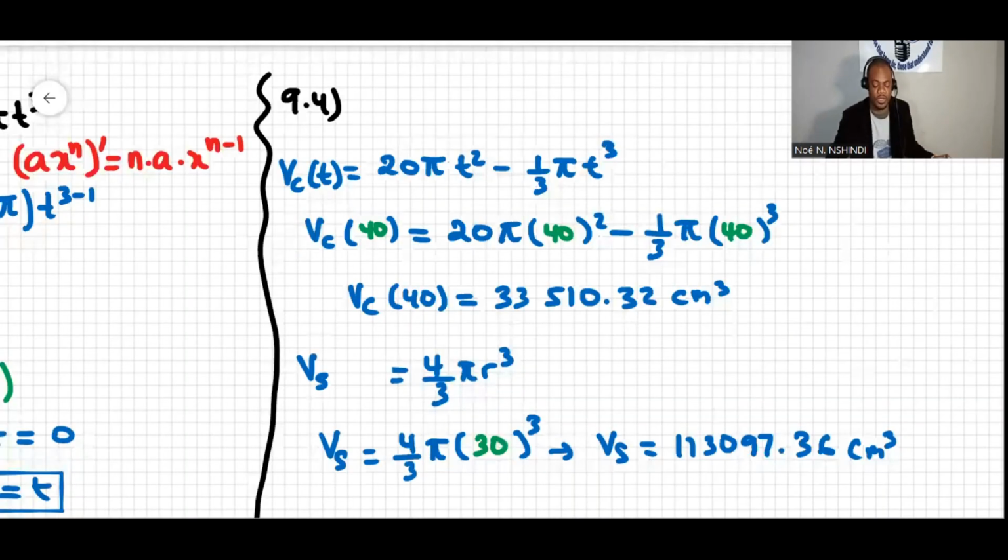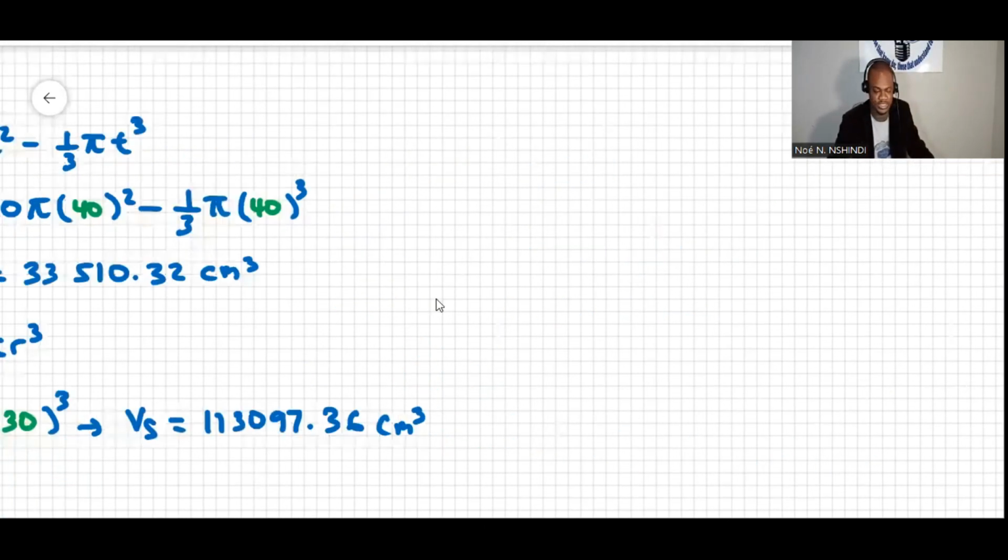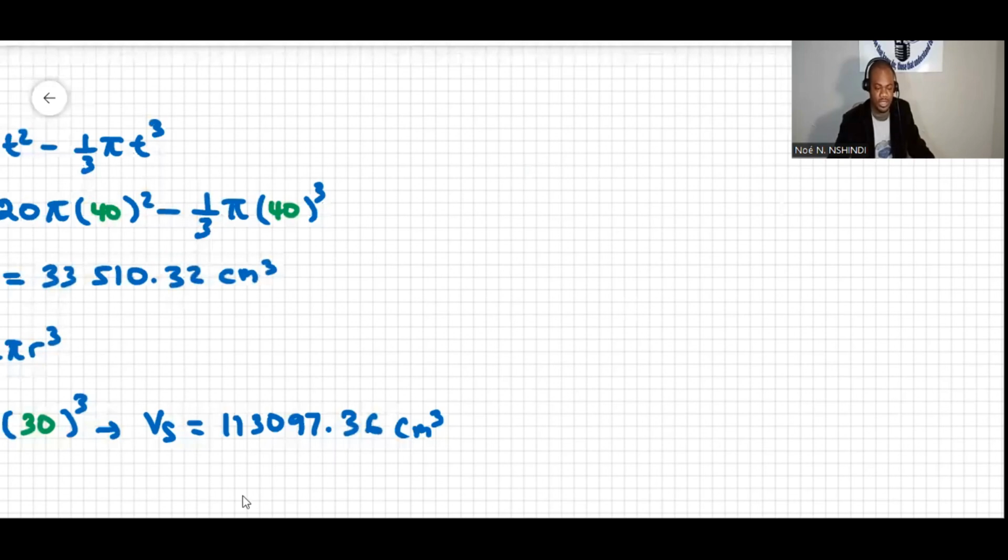Because we're looking for the percentage of the sphere that was used to make up the maximum volume of the cone, we will just take the volume of the cone divided by the volume of the sphere.